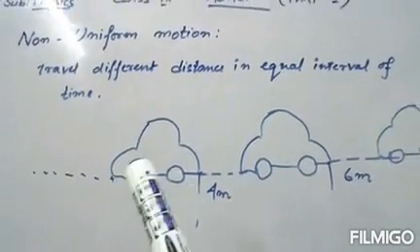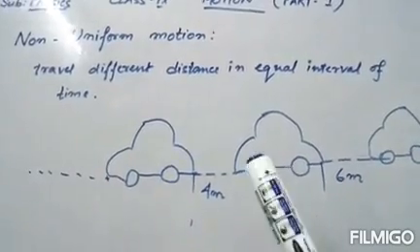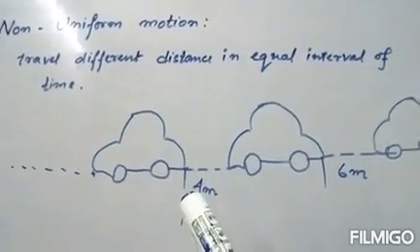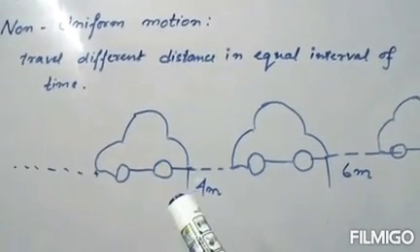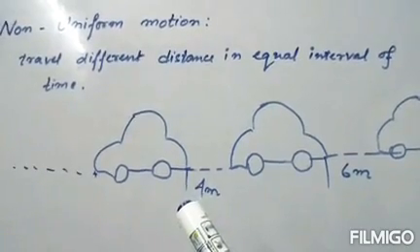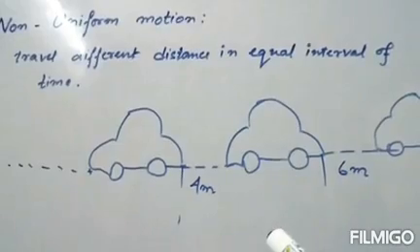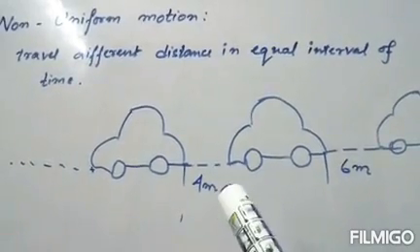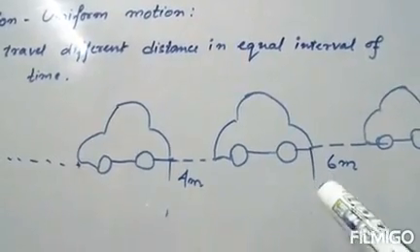So here again, I'm not good at drawing, but it is understandable, no? See, I have tried to draw a car. Okay, and here you see the car in 1 second has covered, suppose, 4 meters. In the next 1 second it has covered maybe 6 meters.